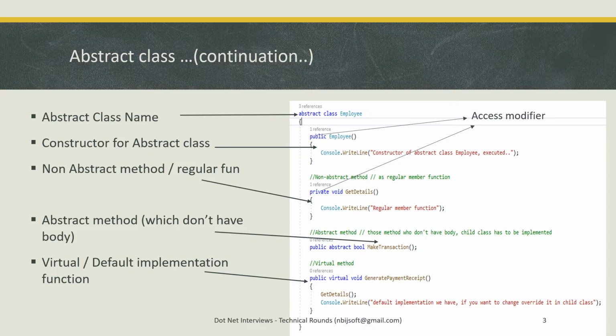By using this method we have a default implementation, so any child class which inherits the employee abstract class can use the default implementation if it doesn't provide its own.